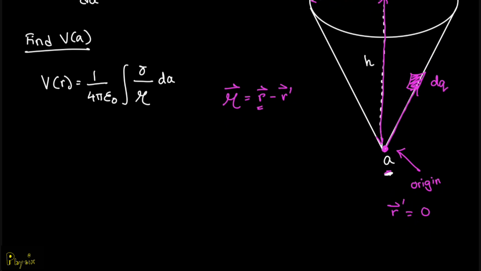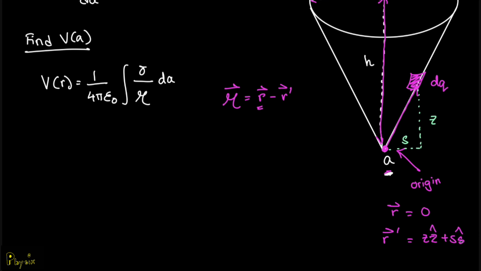What is r prime? Well, in this case, I'm going to use cylindrical coordinates. Notice that my r prime is situated at a height z and a radius s away from my origin. So my r prime is basically z hat plus s hat.